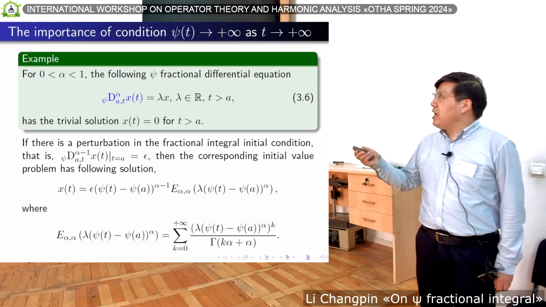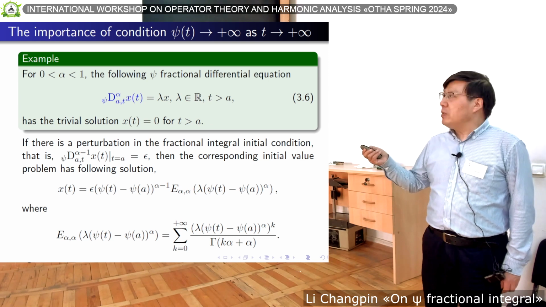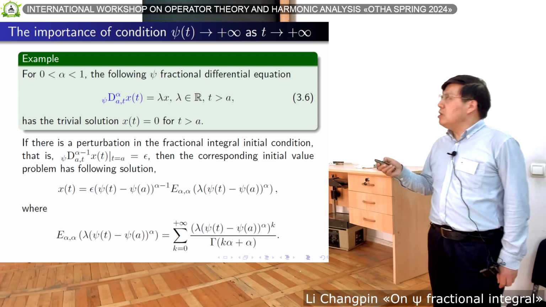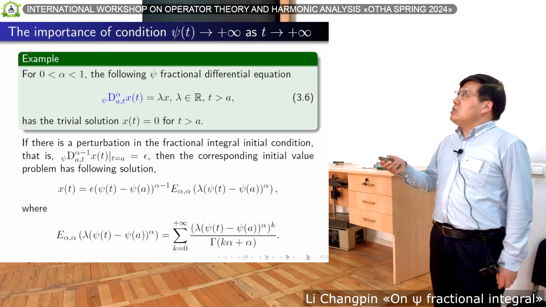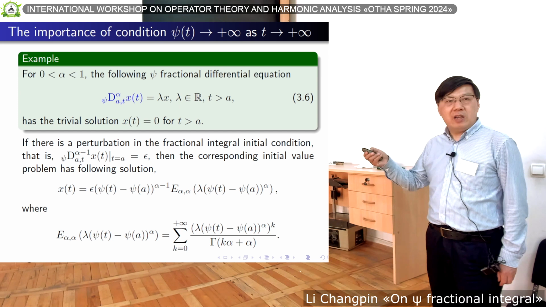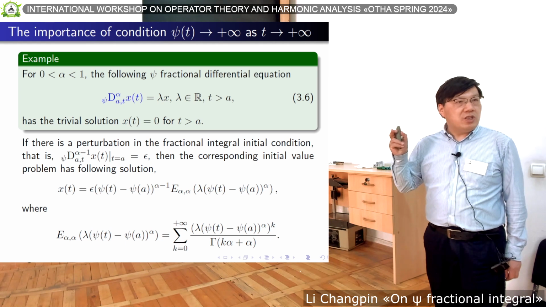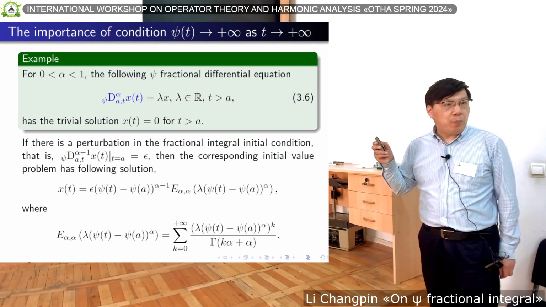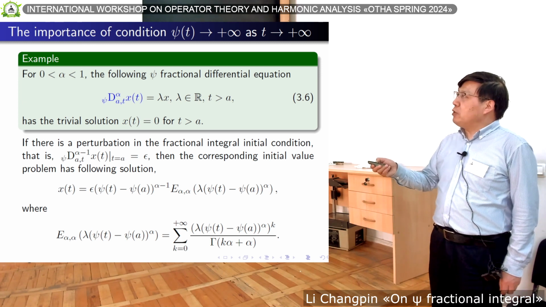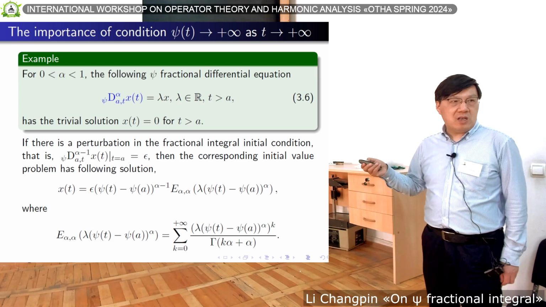Well, this is a psi fractional differential equation. Now this is the equation problem. It has a trivial solution. If there is a perturbation on the fractional integral initial value condition, for this kind of equation we give a fractional initial value condition. So this is a perturbation like this, and we can explicitly write out the solution.